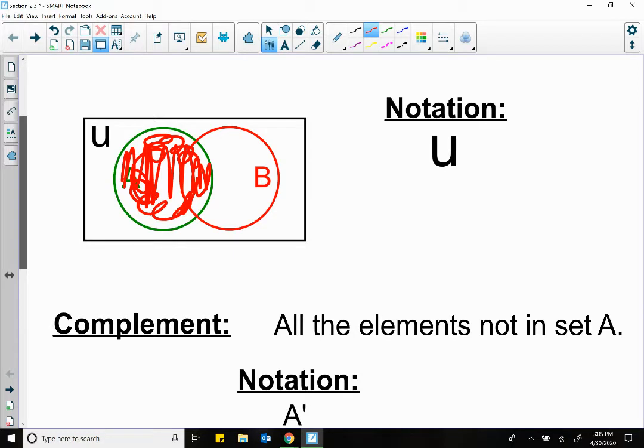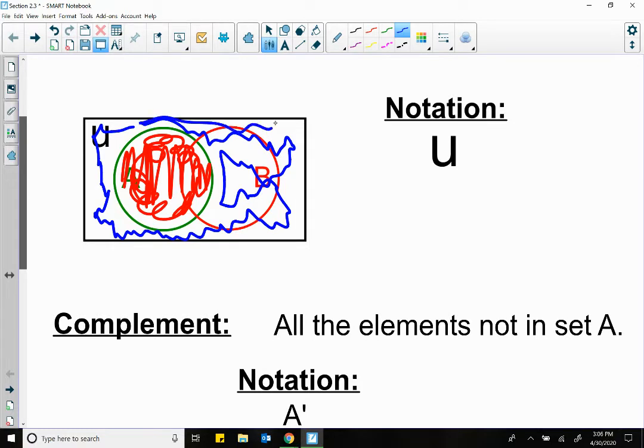So the complement would be everybody out here that didn't disappear because of the snap. That's a complement. Everything in blue is what we would call the complement of A, because everything in blue is not in the circle A. That's what a complement means: give me everybody else but this set.